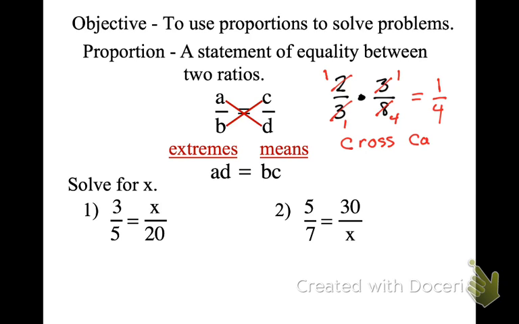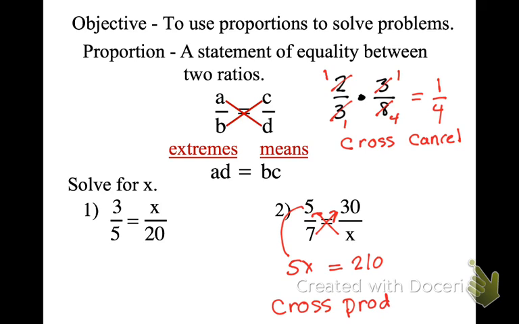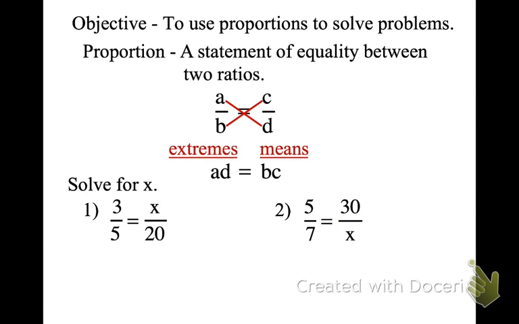However, this is called cross product. Everybody say that. Cross product. We're crossing, and product is the result of a multiplication. Okay? So not to get those confused.